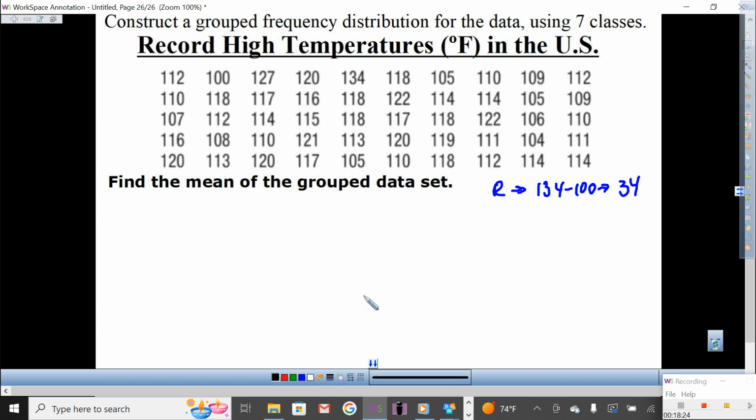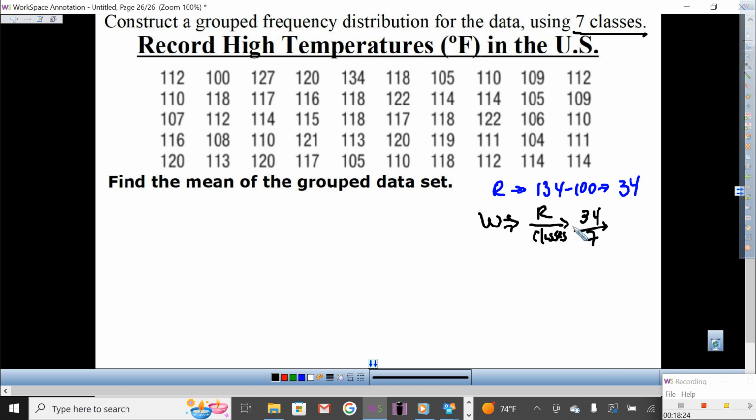The second thing we were going to do is what, Amy? The width. So for the width, of course, we need the range divided by classes. In this case, our range is 34 divided by 7 classes.